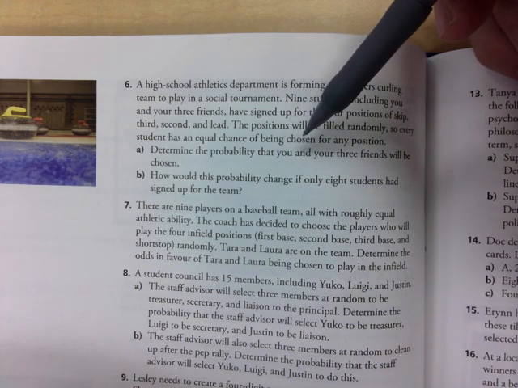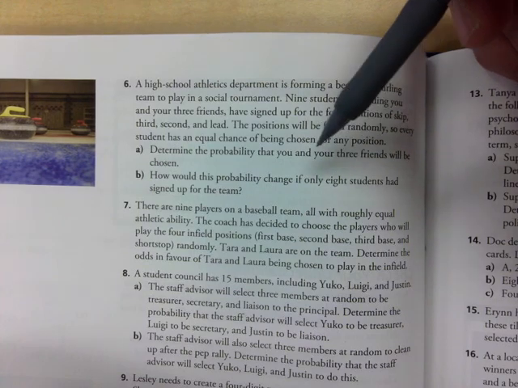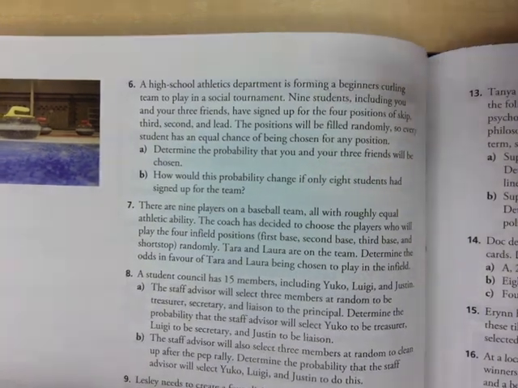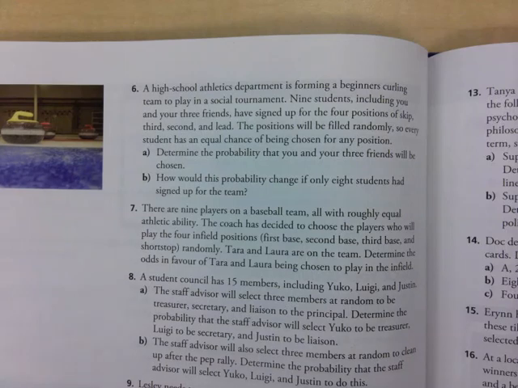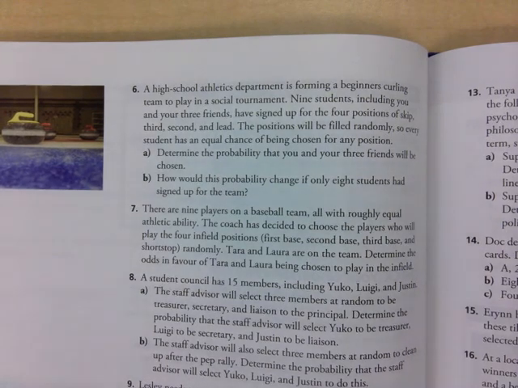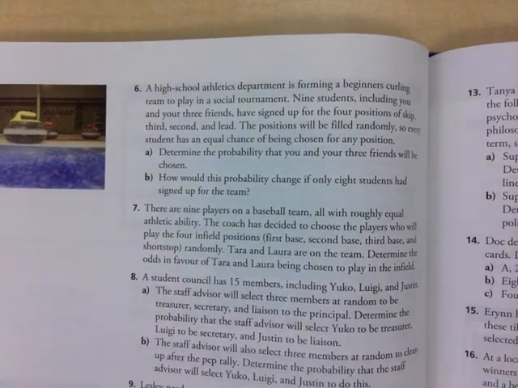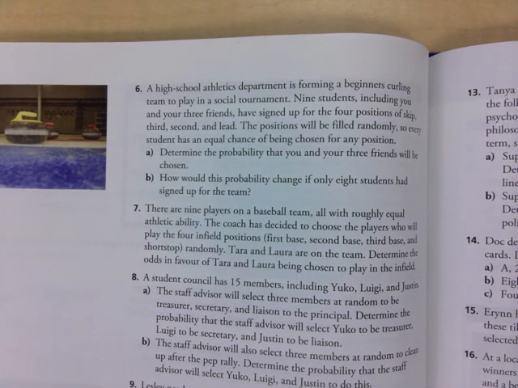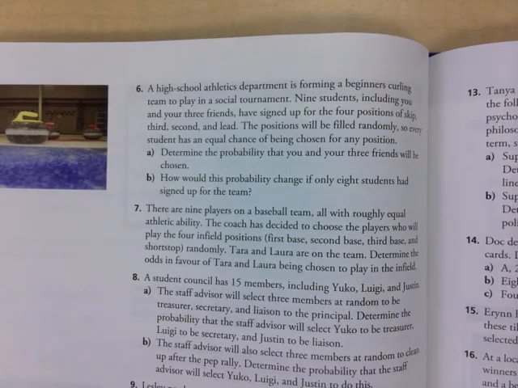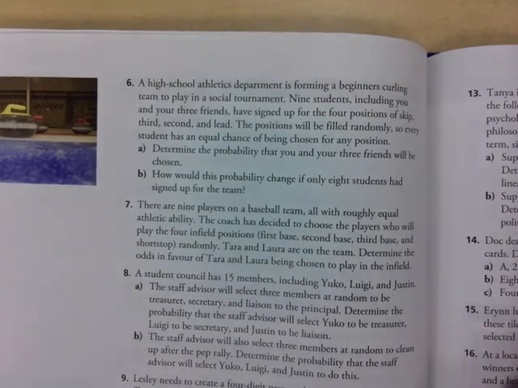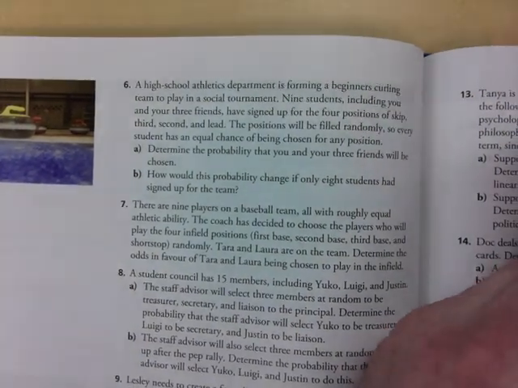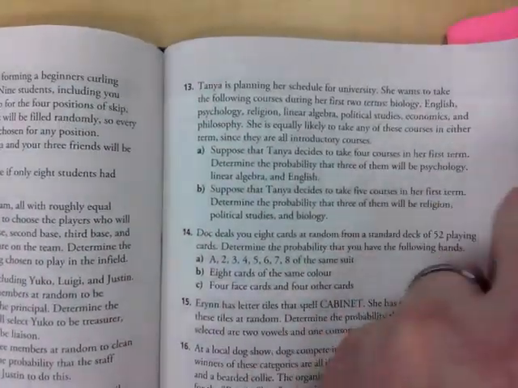It just says how many ways can you be chosen. So I feel this is a little unfair for a test question, but I think it's definitely okay for a homework question. So here is 6. So A, determine the probability that you and your 3 friends will be chosen. Let's answer that.